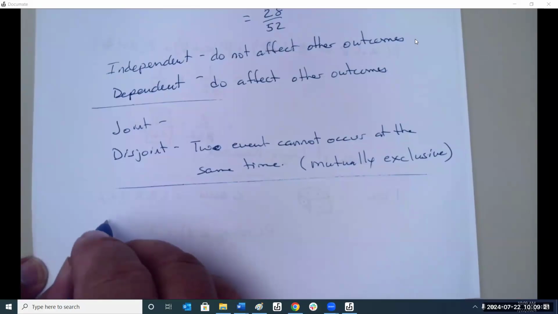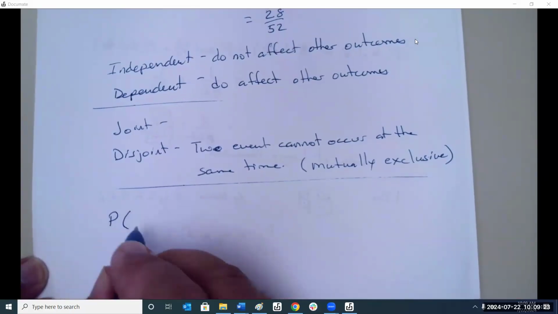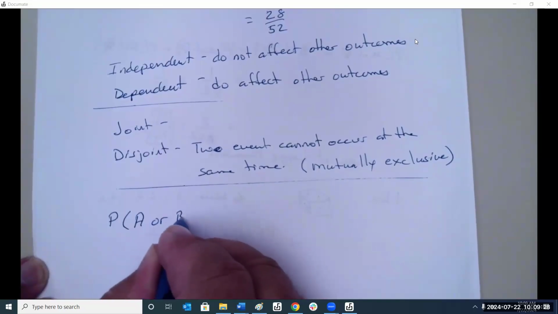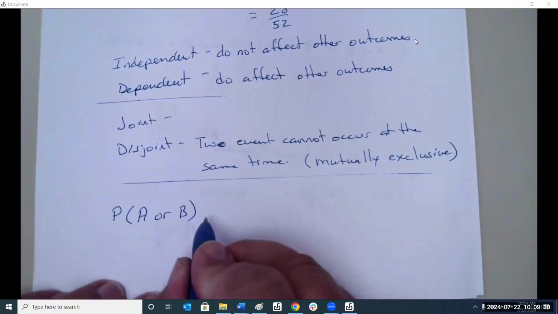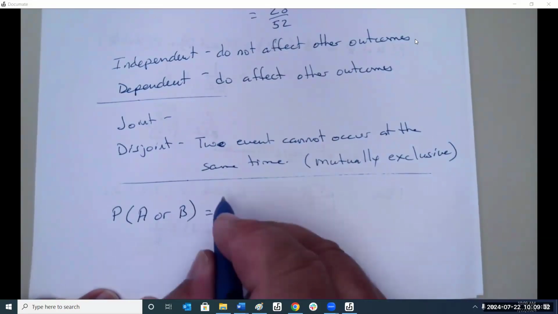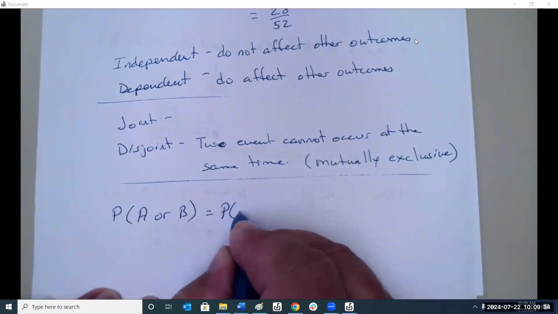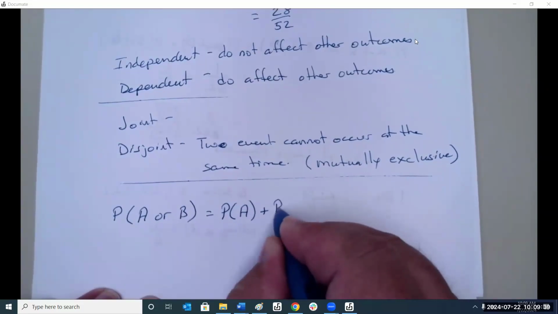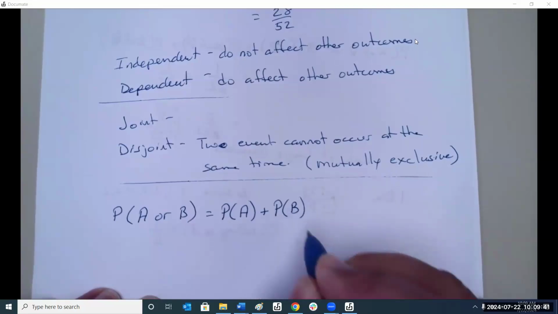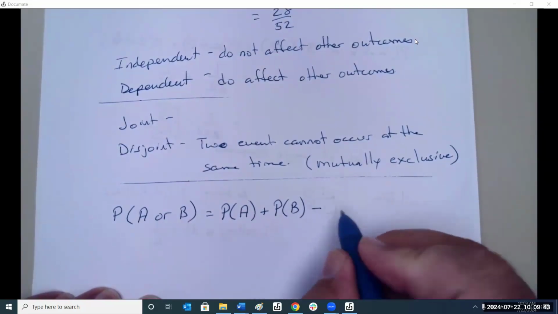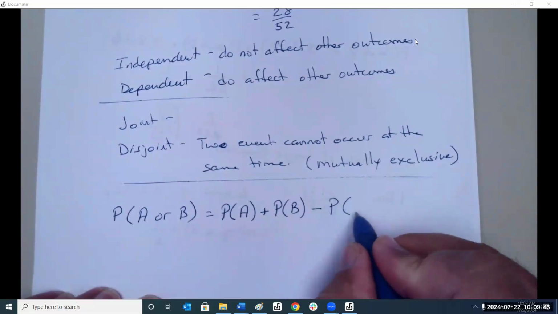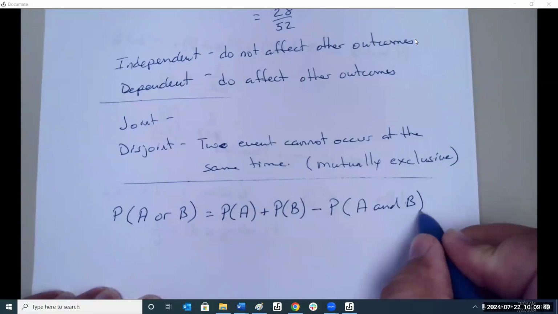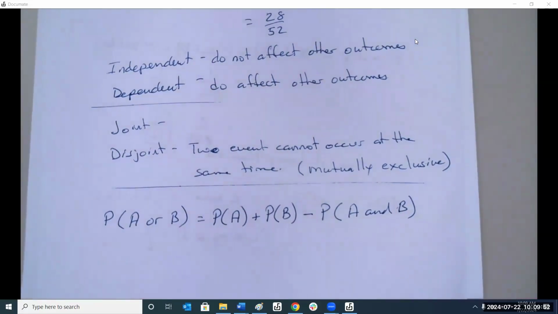So our formula now changes. The probability of A or B, the events A or B occurring, is the probability of A plus the probability of B minus the probability that A and B occur at the same time.